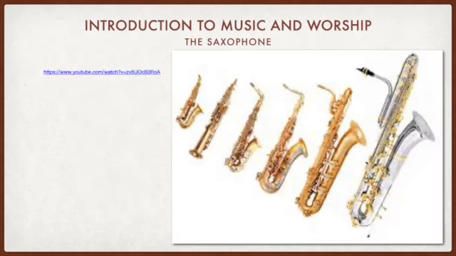The other single reed woodwind instrument is called the saxophone. It was invented by a single individual. His name was Adolph Sax, and hence the name saxophone. History tells us that Adolph Sax, who lived from 1814 to 1894, was a musical instrument designer born in Belgium.